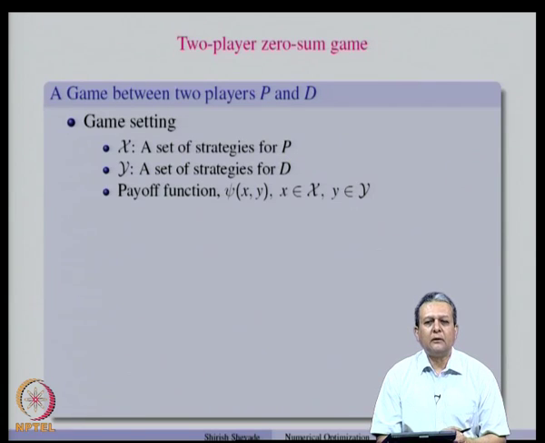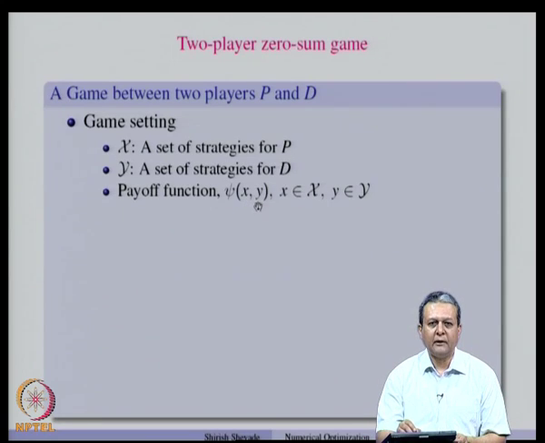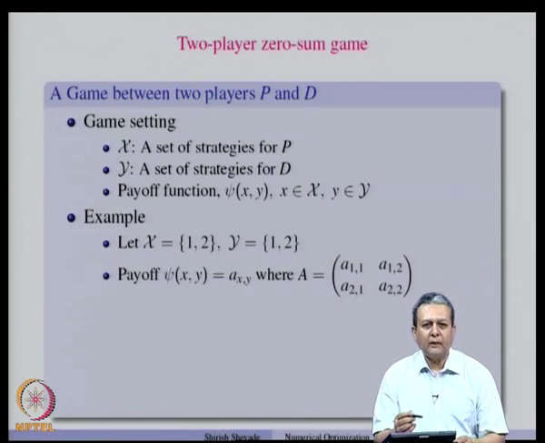Now, there is a payoff function associated with this game, and let us call that function psi(x, y), where x belongs to the set script X and y belongs to the set script Y. Each player chooses a strategy from the respective sets, and the payoff function is defined based on which strategies the two players have chosen. For example, let us assume that the set of strategies for the player P is 1 and 2, and the player D also has two strategies, which we will denote by 1 and 2.